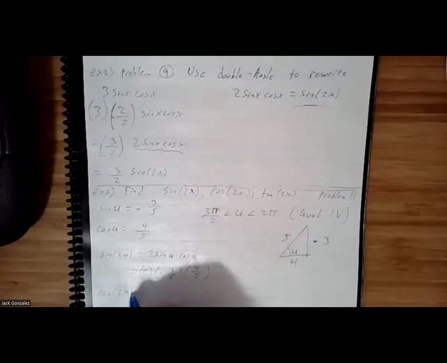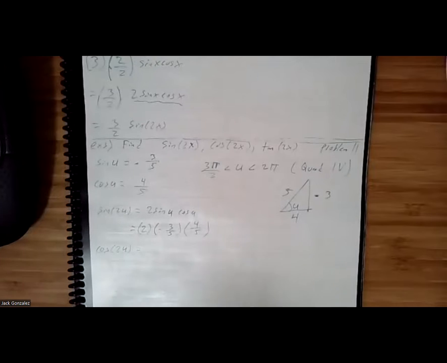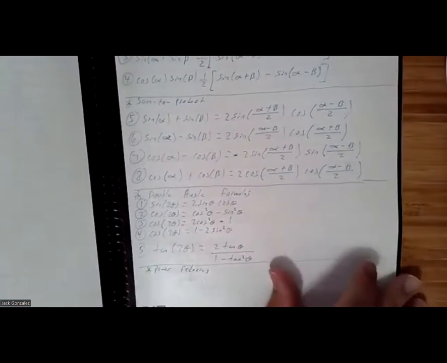Cosine 2u is equal to, we look up that formula. I don't have the cosine double angle memorized. I was going to use one of these 3 here. It doesn't matter which. I'm going to use the top just because. Cosine squared minus sine squared.